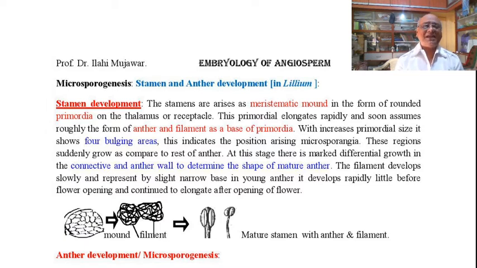How is this stamen developed? In the development of the stamen, the stamens generally arise as a meristematic mound on the thalamus after the formation of the petals.